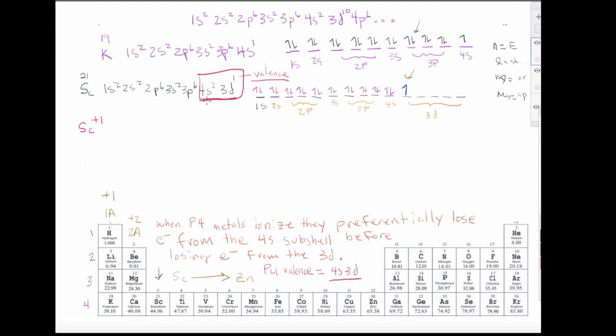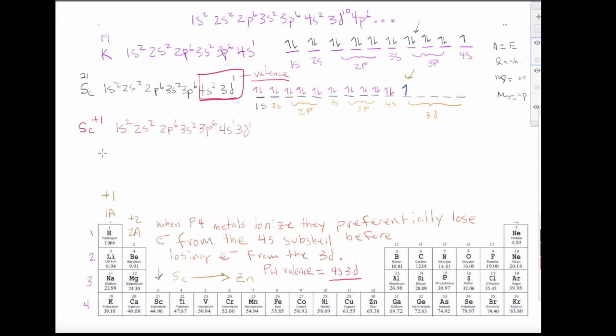All right, so Sc+1 has lost 1 electron. Where did the electron come from? It came out of the 4s shell. So the electron configuration of the ion is going to be 1s2, 2s2, 2p6, 3s2, 3p6, 4s1, 3d1.